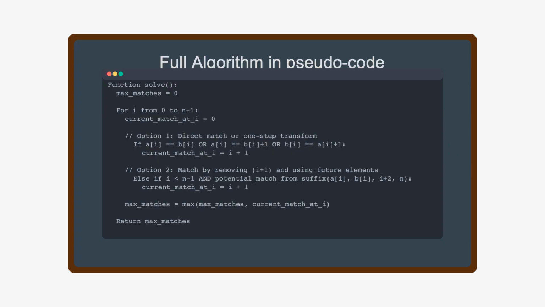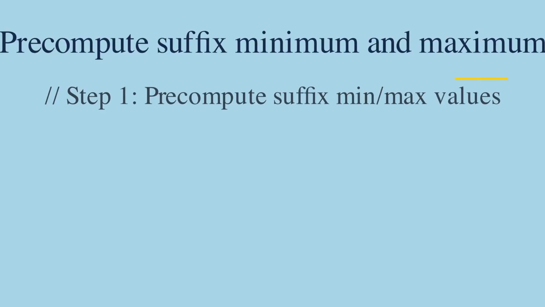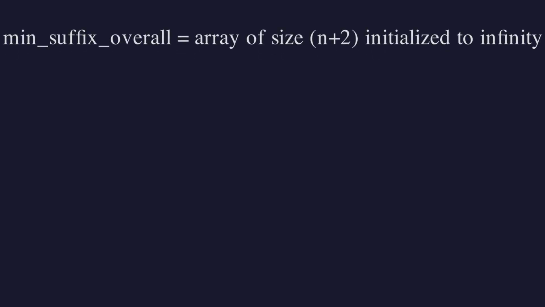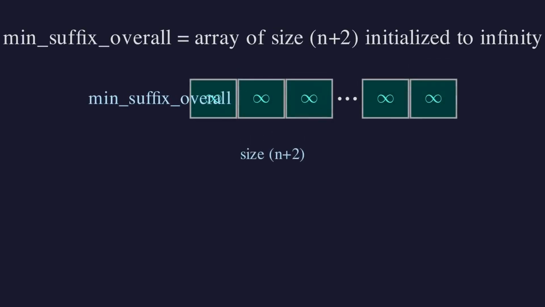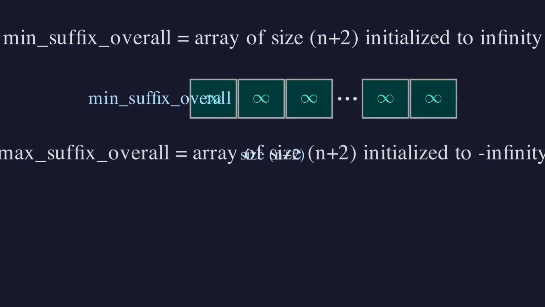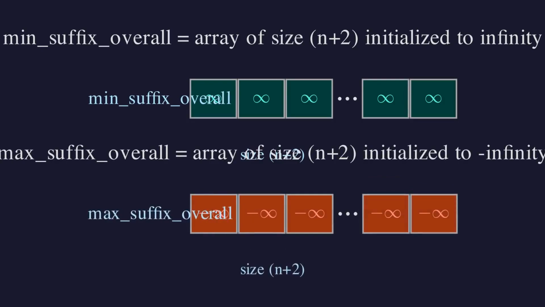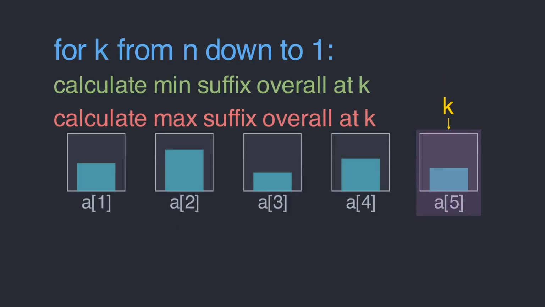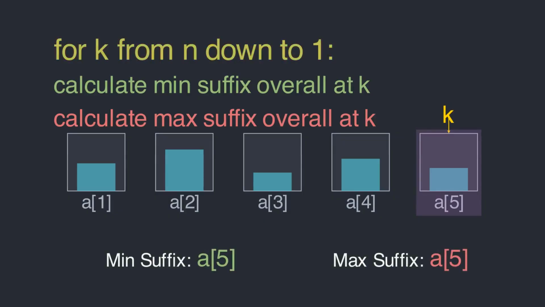Let us put it all together into the full algorithm. Function solve: read n, read array A, read array B. Step 1, precompute suffix minimum and maximum values. Initialize min suffix overall to infinity, and max suffix overall to minus infinity, for arrays of size n plus 2. For k from n down to 1, calculate min suffix overall at k and max suffix overall at k.